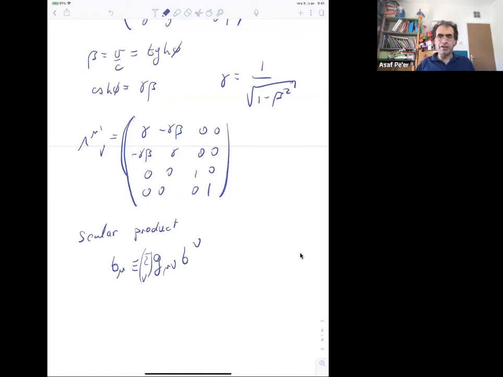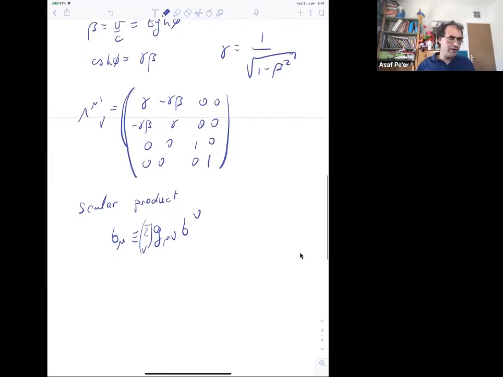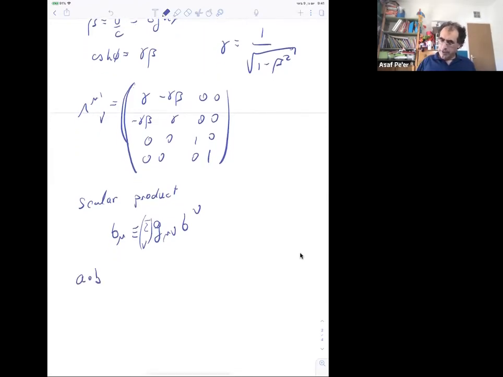But since G is a simple matrix, it doesn't really cause us much trouble. And then the scalar product between any two 4-vectors, A dot B, is just defined as A mu B mu. So it's A0 B0 minus A1 B1 minus A2 B2 minus A3 B3. Right, these are the components. A0 is the zeroth component of the vector A.